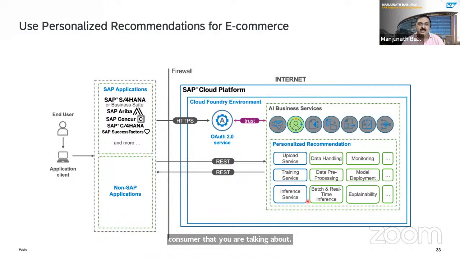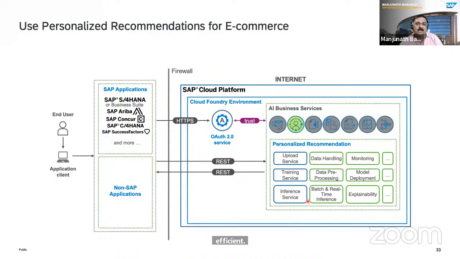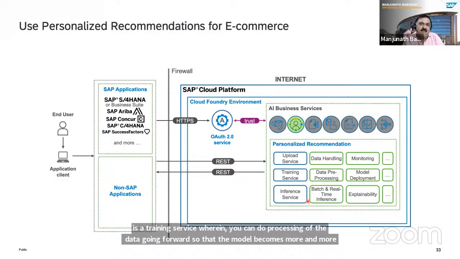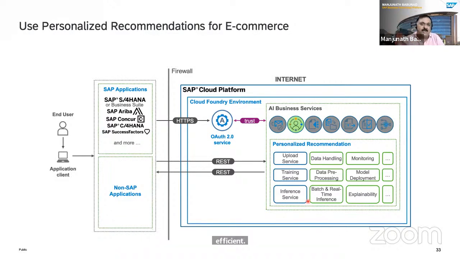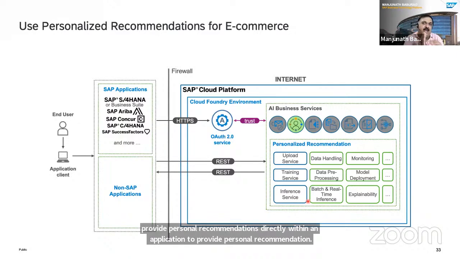There is also the inference service, which is the actual recommendation that is coming out of the picture, and you can then utilize these recommendations directly within an application to provide personal recommendations. So this is a very, very common use case wherein AI business services are embedded by our customers and partners into an application that they are building for a specific purpose, right?